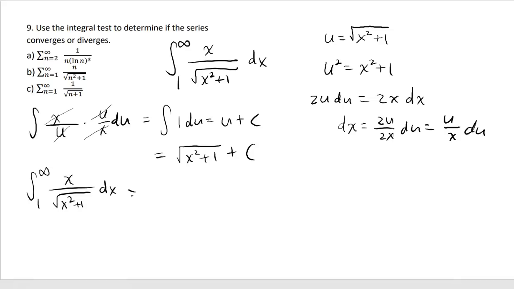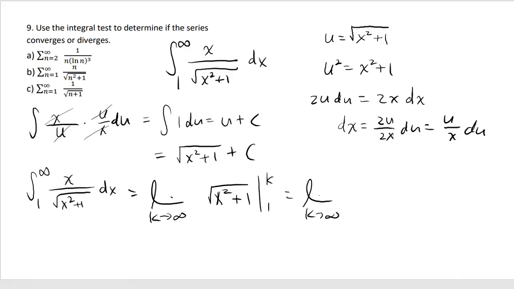This integral is therefore limit k going to infinity of square root of x squared plus 1, and then you have to put k and 1 there. So limit k going to infinity of square root of k squared plus 1 minus, when you plug in 1, that's square root of 2.